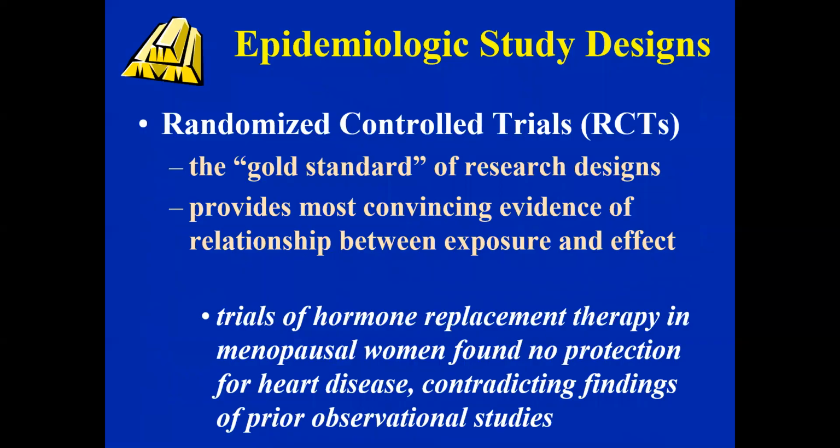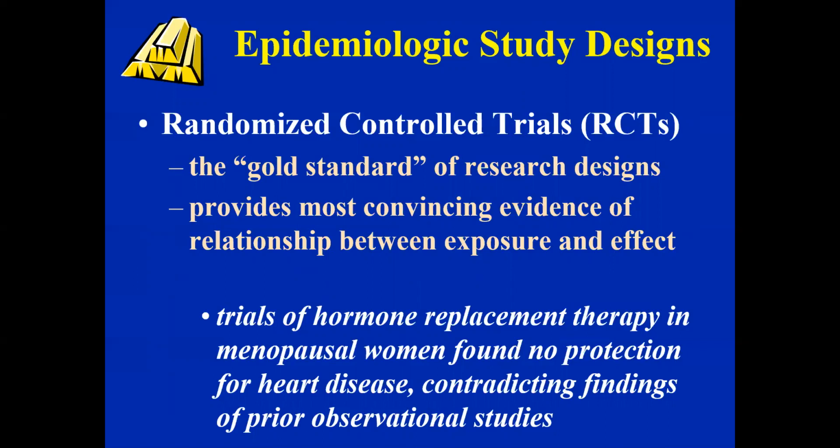So as I said, randomized controlled trials are the gold standard of research designs. They provide the most convincing evidence for the relationship between exposure and effect. Why are they the gold standard and why do they provide the most convincing evidence? Because it's controlled. You as a researcher control what's going on, and you control who is going to get what.